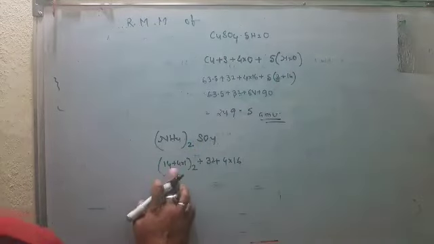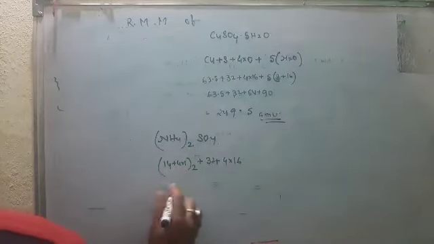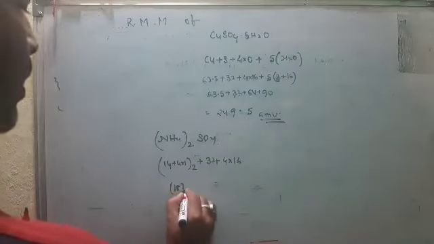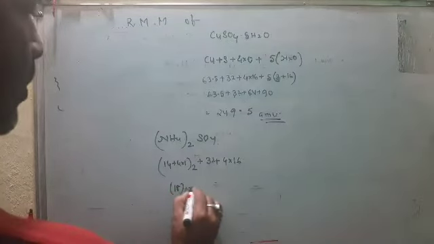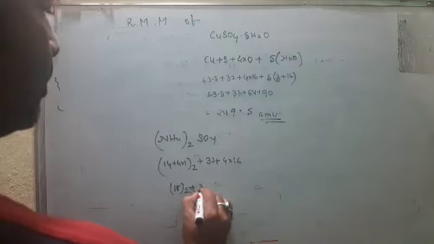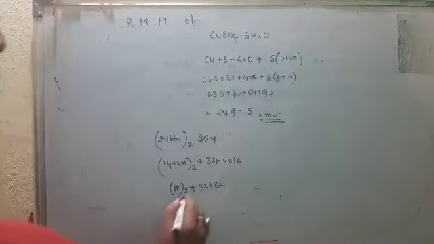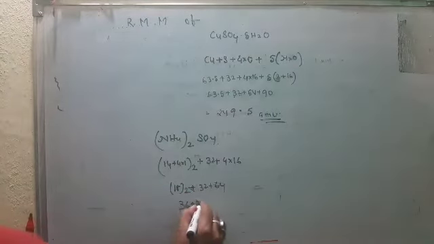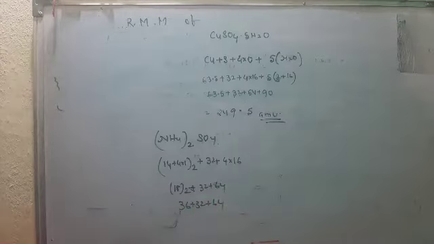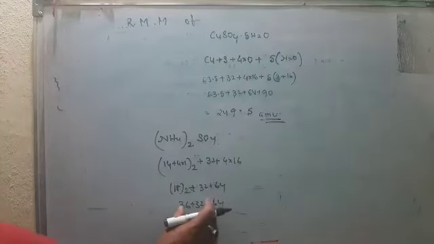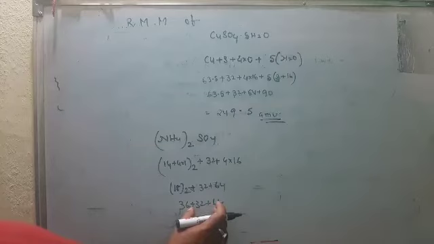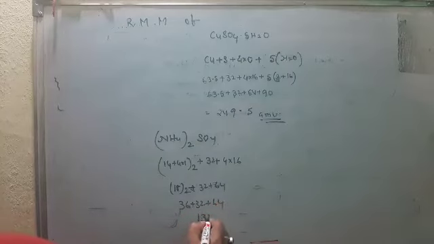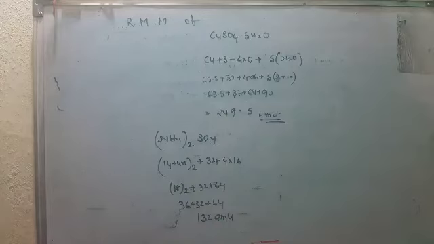So this is 18 into 2 plus 32 plus 64, that is 36 plus 32 plus 64, which is 132 AMU. Like this you have to find the molecular mass.